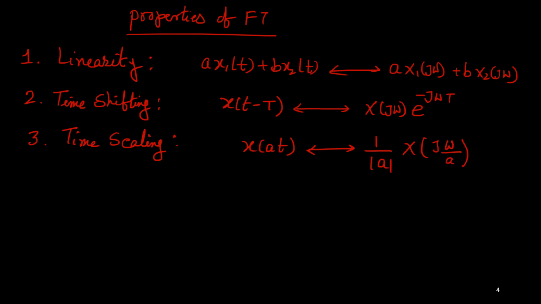The implication is that in the time domain it is multiplied, in the frequency domain a is divided, so it is reversing. In the time domain, if the signal is compressed, in the frequency domain it will be expanded, and in the time domain if it is expanded, then in the frequency domain it will be compressed.